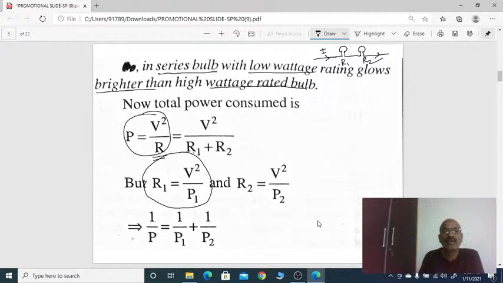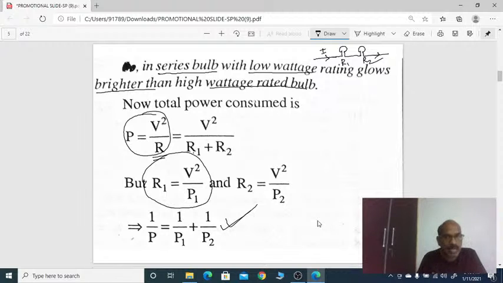When two bulbs are connected in series, the reciprocal of the total power equals the sum of the reciprocals of the individual powers of the bulbs. So 1 by P equals 1 by P1 plus 1 by P2.